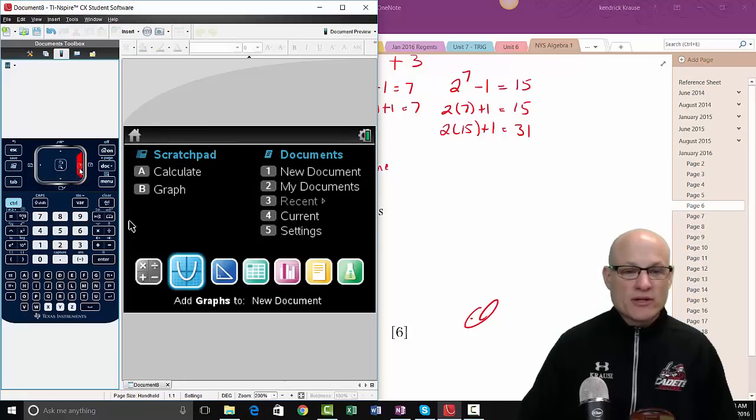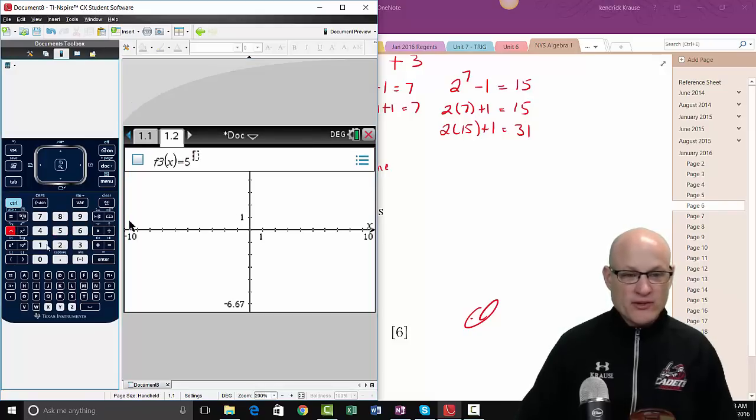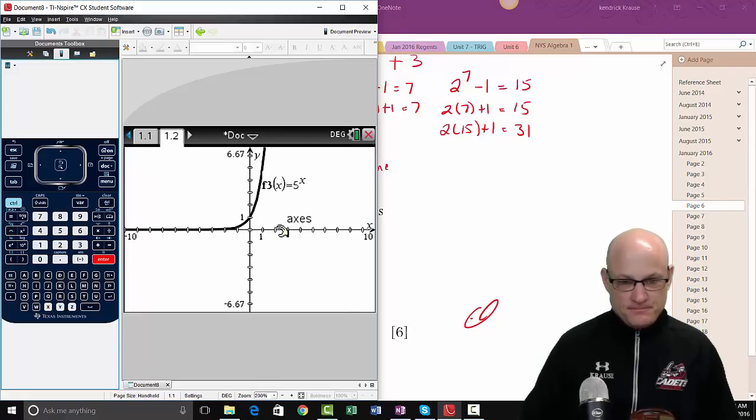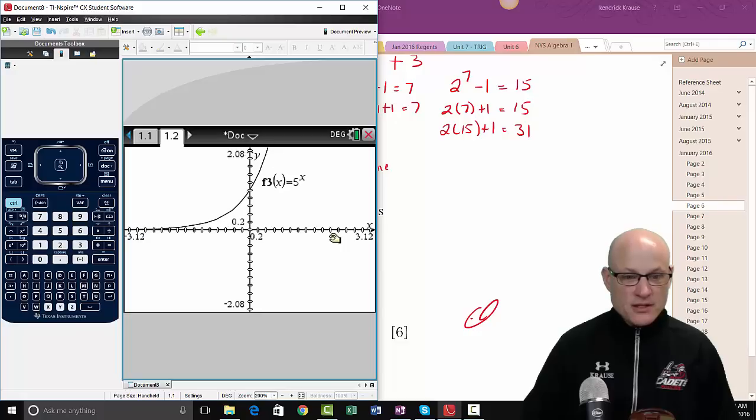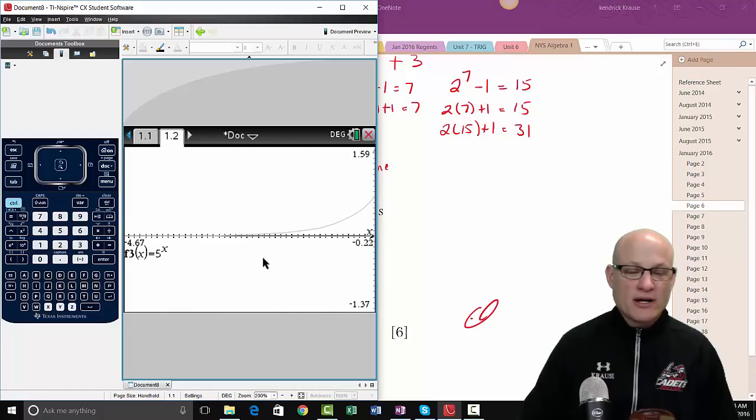So we'll come over here and look at this graphically, and you'll type in 5 raised to the x. And I hope you see that, it's hard to see, but this exponential line never, ever, ever goes below the x-axis. I don't care how far you go out here, it never goes below the x-axis.